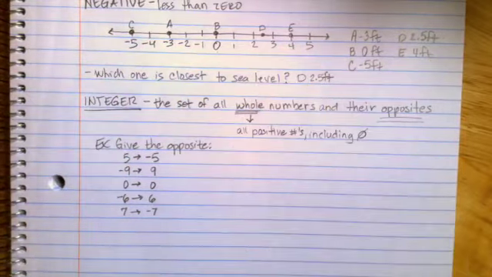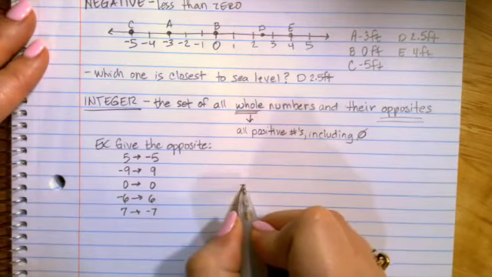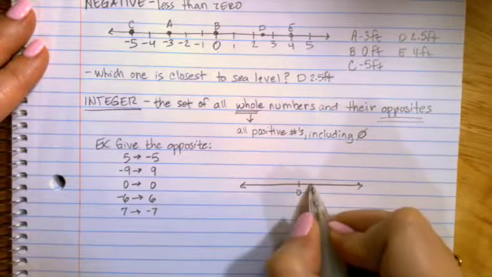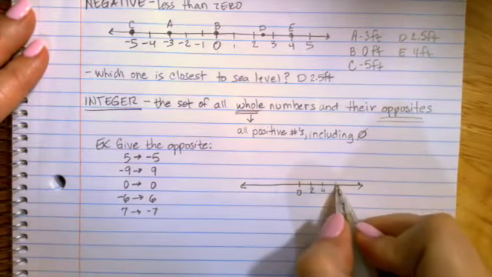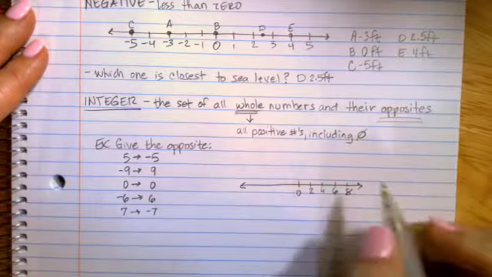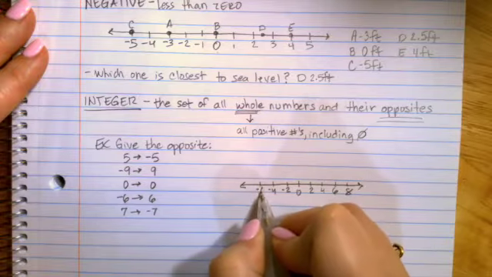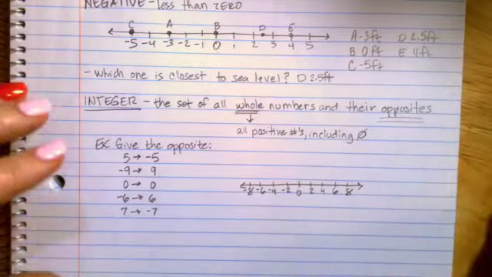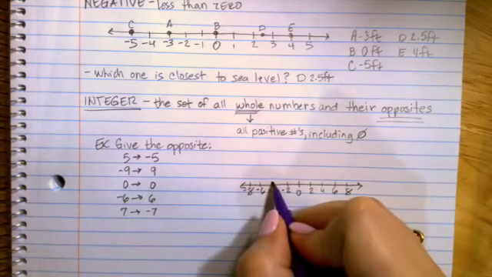Okay, so what if they gave us a number line? And we're going to count by 2's, and I'm just going to mark some.